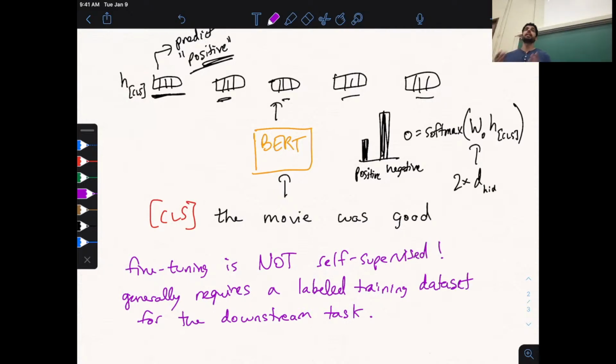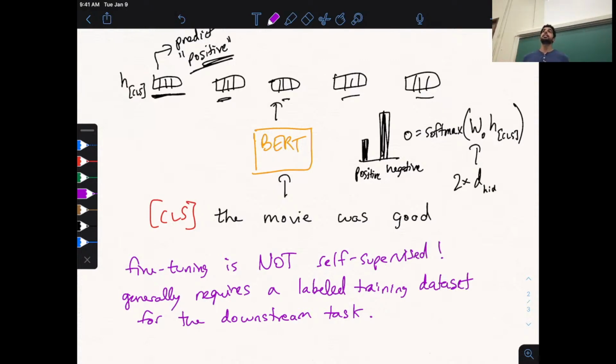But generally this is not a self-supervised process because in this case you need inputs from a specific domain or source, right? You need sentences that contain some sentiment, either positive or negative, so I can't just pull any arbitrary sentence.